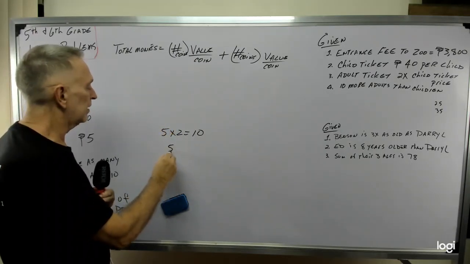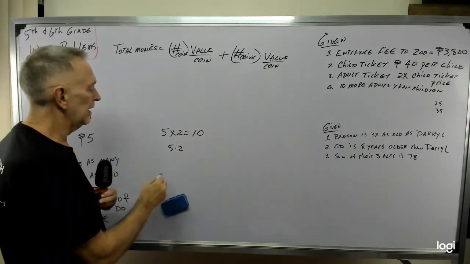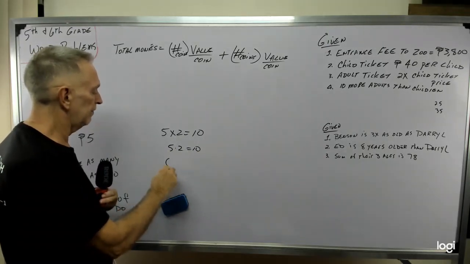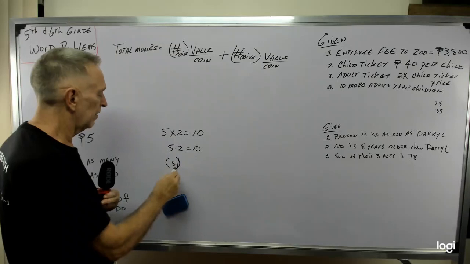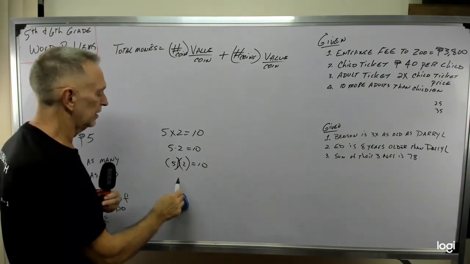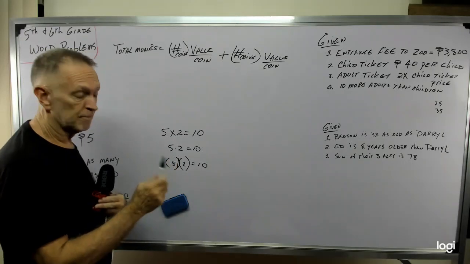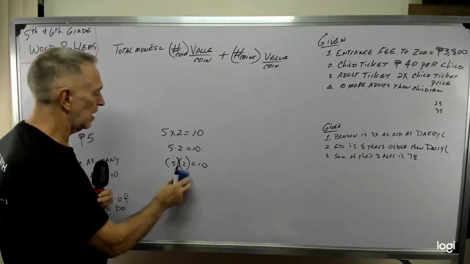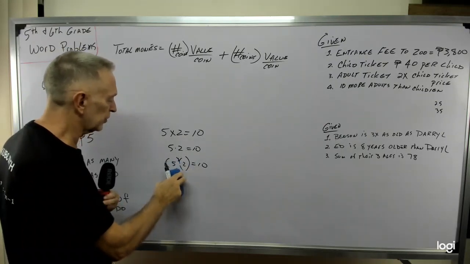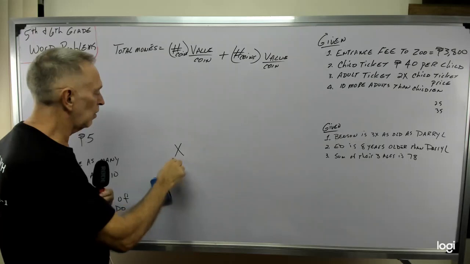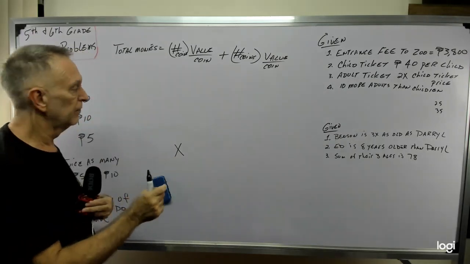So I finally convinced him 5 times 2 is just the dot, and eventually we were at the parentheses. 5 times 2 equals 10. So just know we're using the dot tonight or the parentheses to mean the same as the multiplication sign.